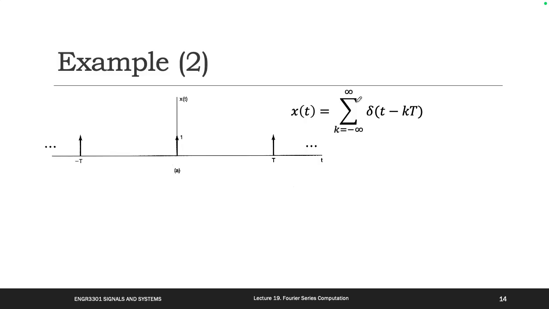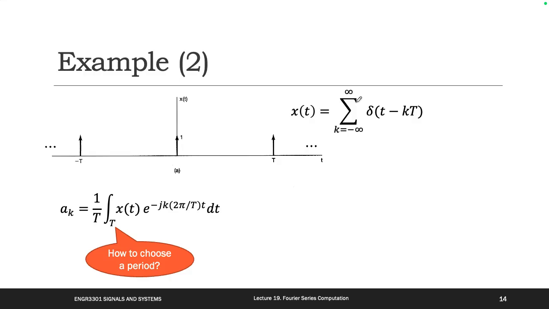Signal synthesis, am I right? But if we want to use signal synthesis, we need to know a_k, am I right? So the first step, we need to find a_k. That makes sense to you? We know a_k equals this one, am I right?